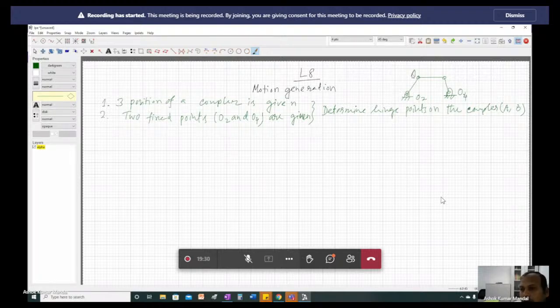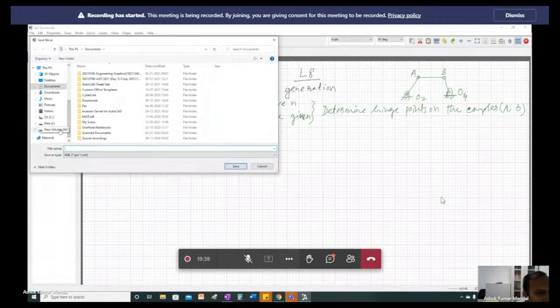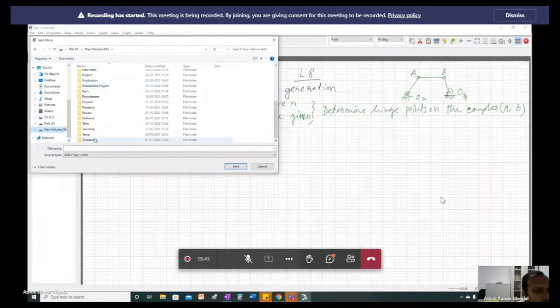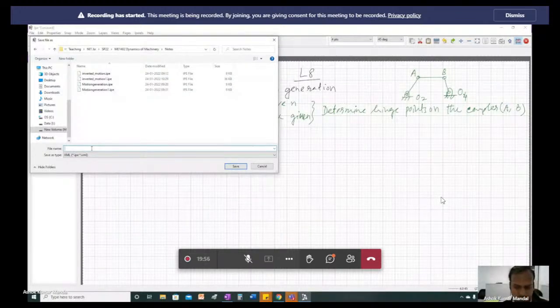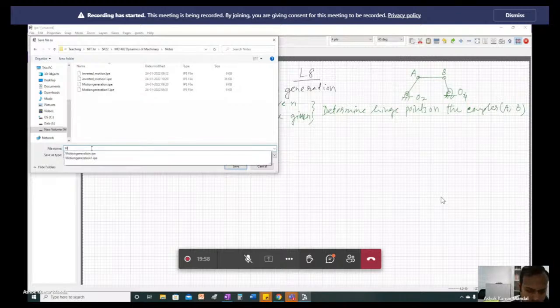This A and B. So let me save it, otherwise some issue may appear. This is motion generation.